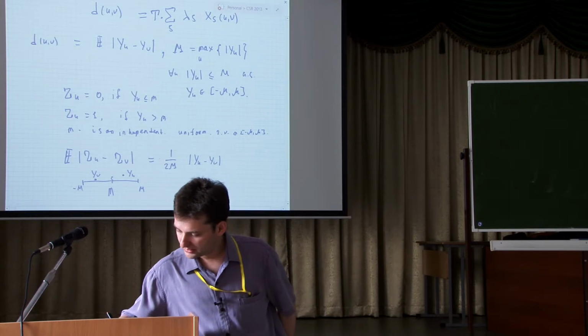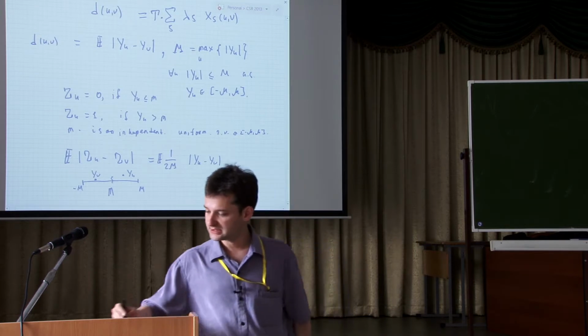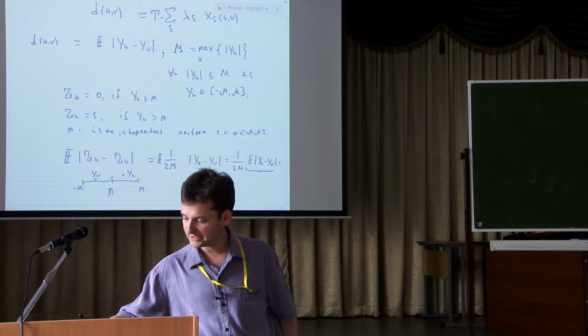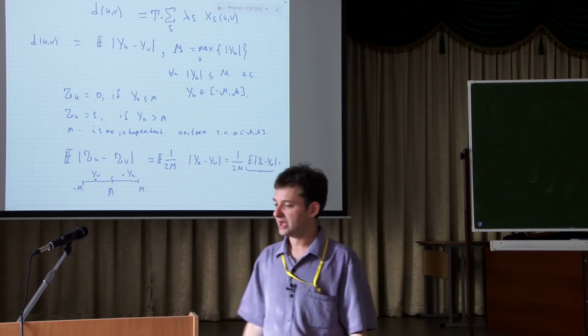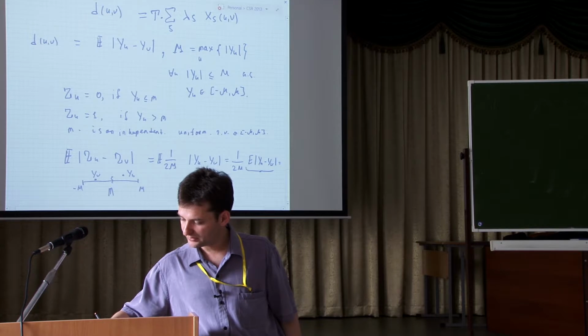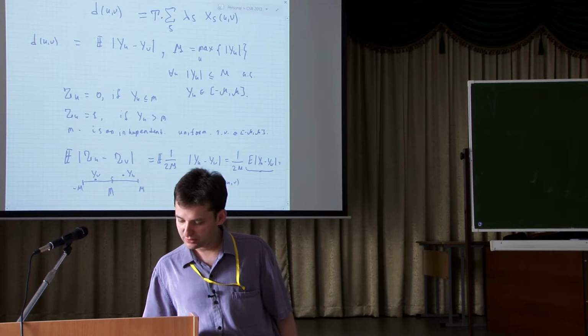Now we average over random choices of yu and yv, and we get 1 over 2M times the expected value of yu minus yv. This expectation is just the L1 distance between yu and yv. So the whole expression is 1 over 2M times the L1 distance between u and v. So we got what we wanted.